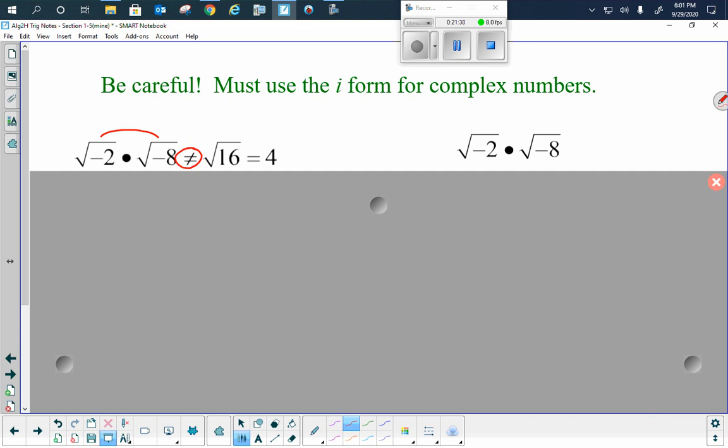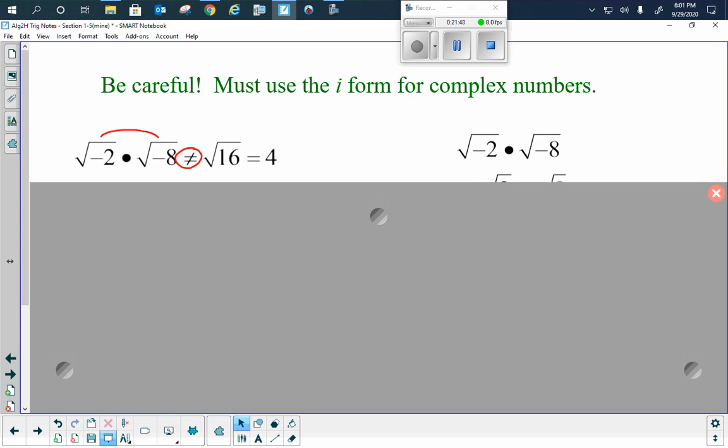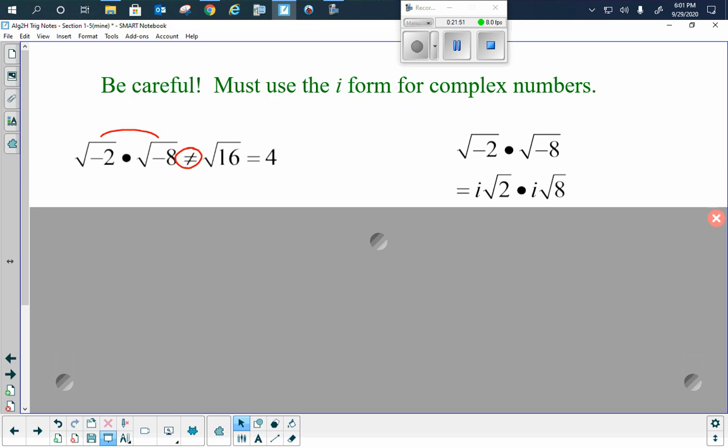So what you need to notice on the right-hand side, guys, is if you use the i form or take the i out first, then think about what would happen. On the first step, you would have the i come out of each one of them. And then if you multiply each of those together, i times i is going to give you i squared.